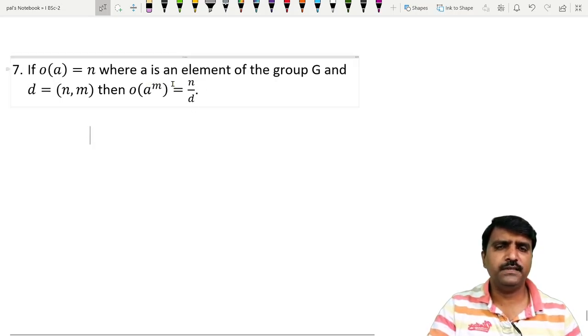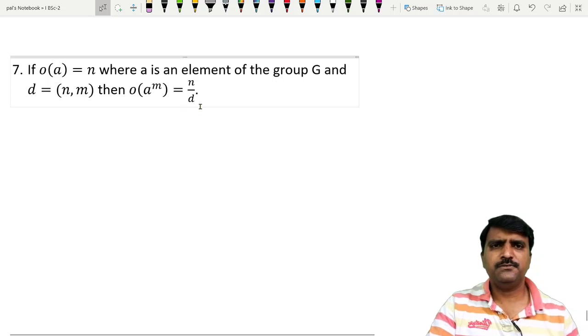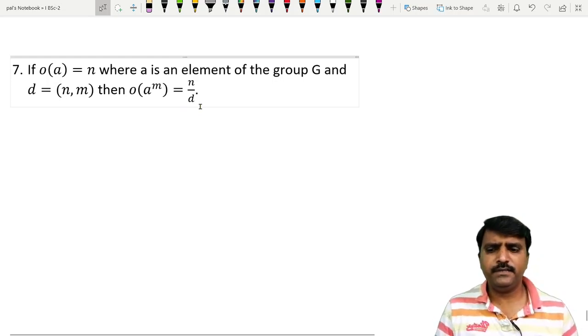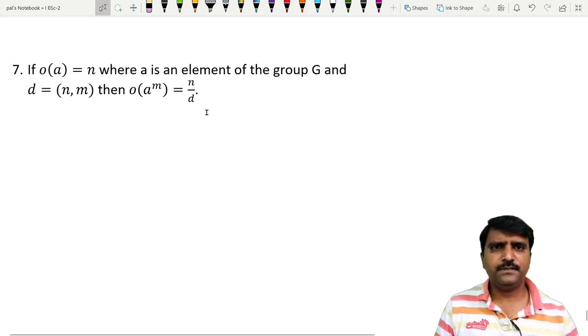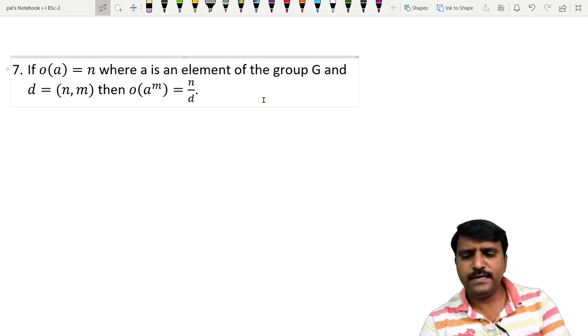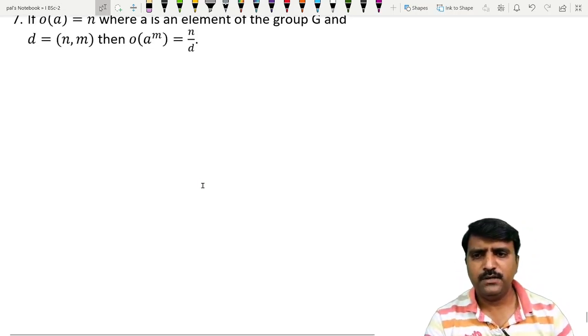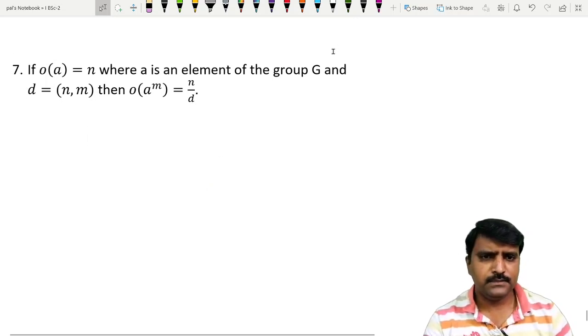We need to prove this result here. We don't know what the order of a to the power of m is, so you take an arbitrary element, some k. So let the order of a to the power of m be equal to k.